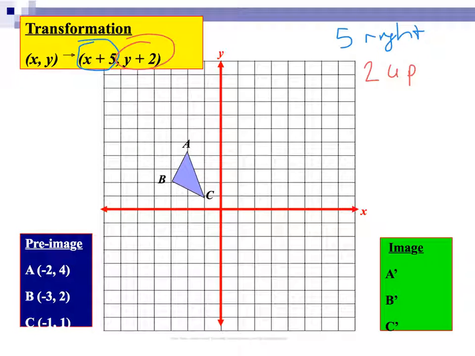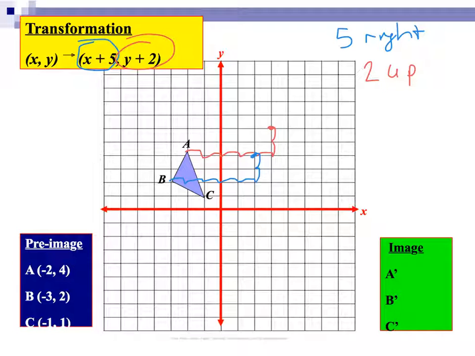So starting with A, 5 to the right. 1, 2, 3, 4, 5. Gonna stop, move up 2, 1, 2. Place your point. So for B, same thing. 1, 2, 3, 4, 5. Stop right here. Move up 2, and put a point.